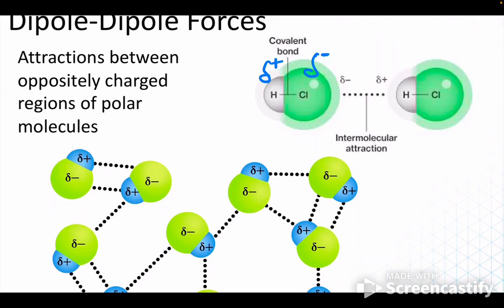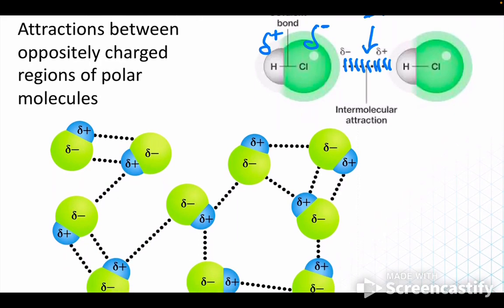It's always negative on that end. Then a nearby molecule's positive end is going to be attracted. So that's your intermolecular force. You can see over here all of these are showing the way that these molecules are attracted to one another. So this is stronger than dispersion forces.